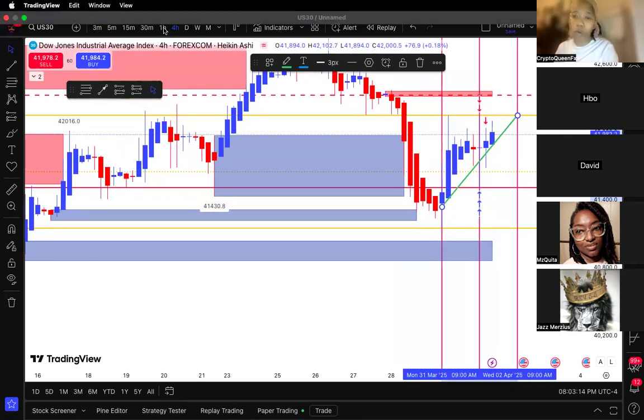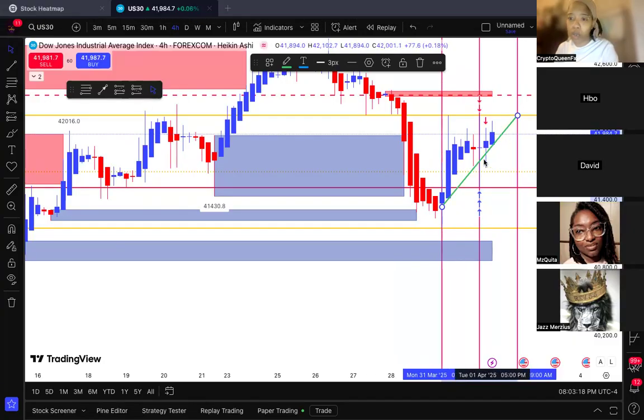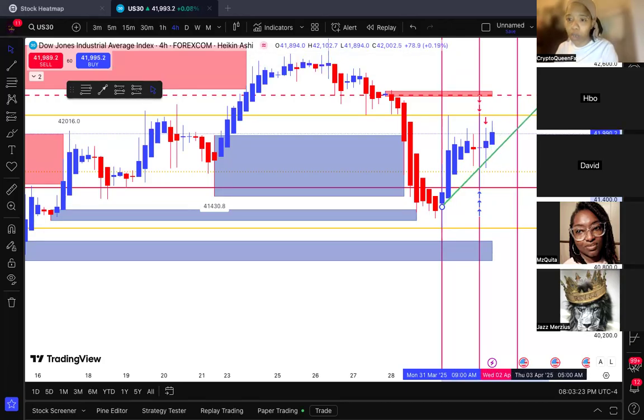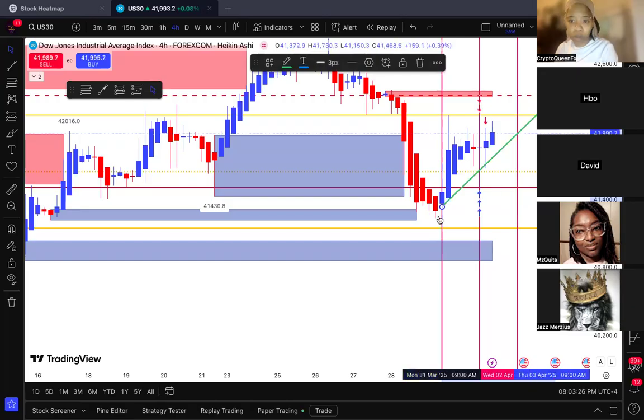The hour, let it pull back down towards the trend line. Come up to the trend line.